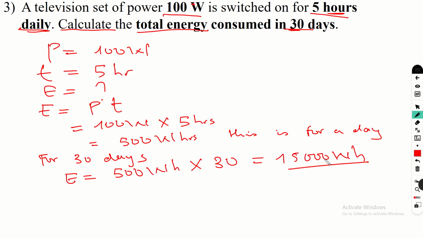But when you are doing it, when you're under electric energy, it's good to always convert your answer back to kilowatt hour. And in order to convert your answer to kilowatt hour, you have to divide this value by 1000.